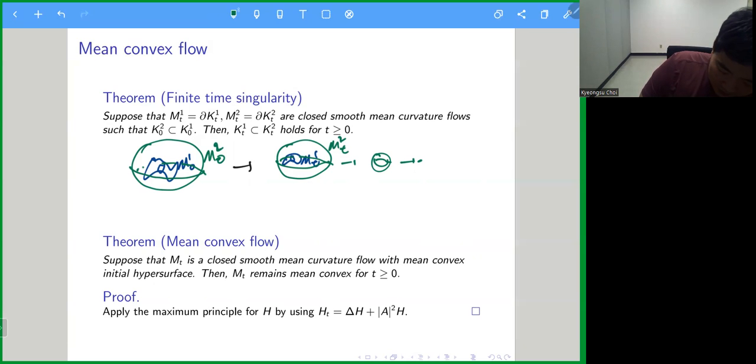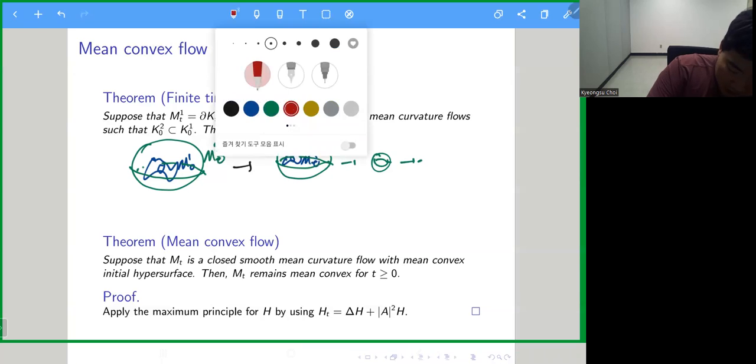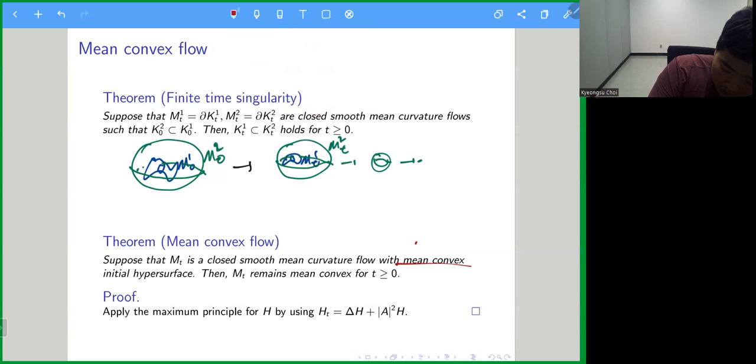And let me talk about one more application of the maximum principle. If the initial hypersurface is mean convex, I mean H is positive, then mean curvature flow remains mean convex for all positive time. The proof is almost trivial.